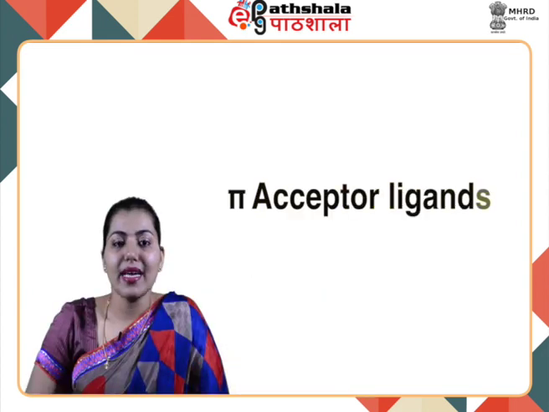Now we will be discussing pi acceptor type of ligands. Pi bonding in coordination complexes is feasible with the availability of p or pi star orbitals in the ligands. Thus, here we will consider a class of ligands that are called pi acceptors, since they can accept electrons in their available orbitals, which is termed pi back bonding.